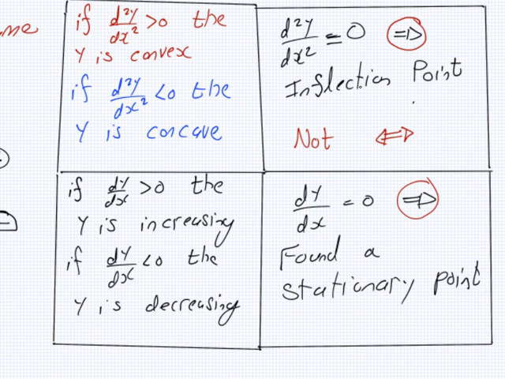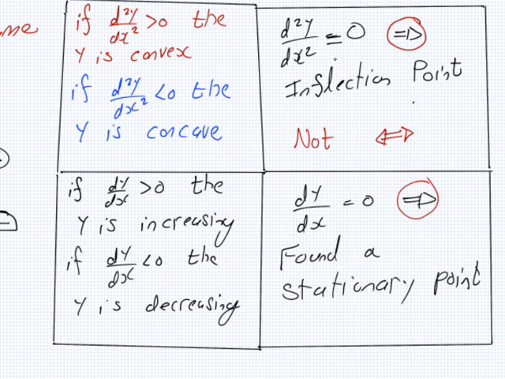So my point is, it's one direction only. This means we have an inflection point, but just because we have an inflection point doesn't mean that this will be true. So the direction is one way only, and that's very important to note. You could have a situation where you have an inflection point and this derivative is actually not 0.